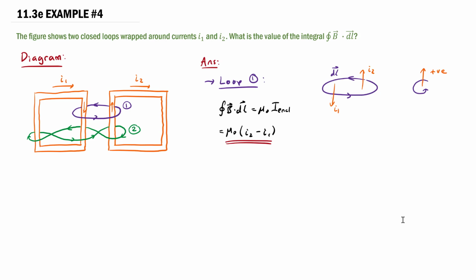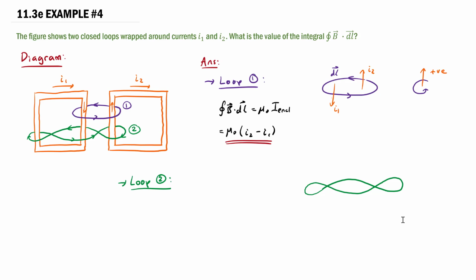Now we take a look at loop number 2. This gets a little bit more complicated, but it's not undoable. Let's just replicate loop number 2. Is this one loop or 3 loops?